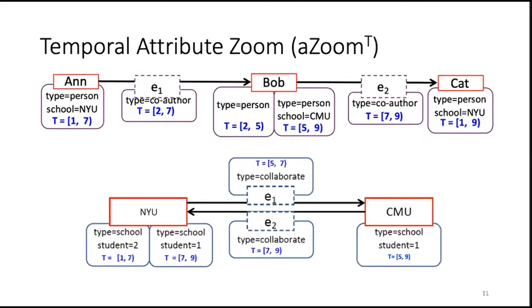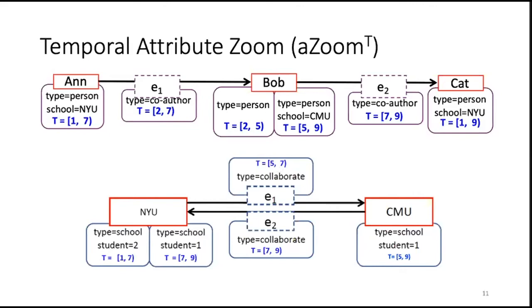For example, if you look at the node NYU, you can see that for time points 1 to 7, NYU had 2 students, Ann and Kat. But when Ann left NYU, it only had 1 student. We also redirected the edges that existed in the graph to point toward the institutes and updated their time intervals to show the correct validity between the institutes.